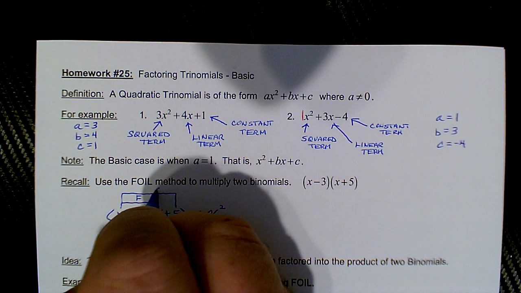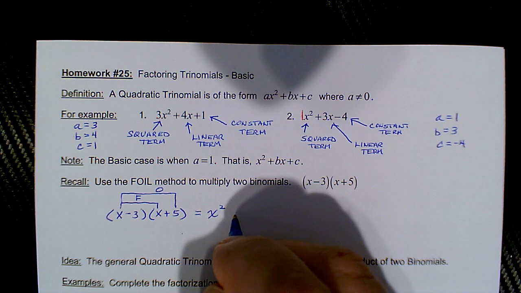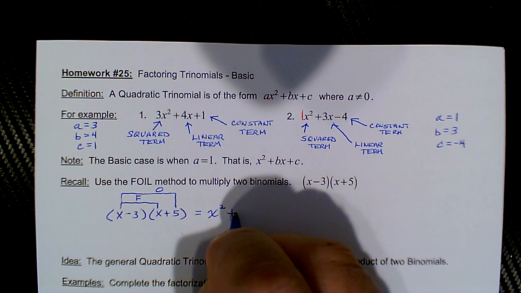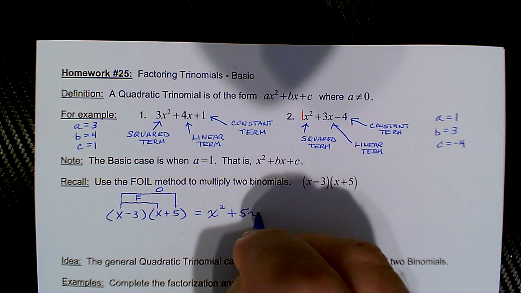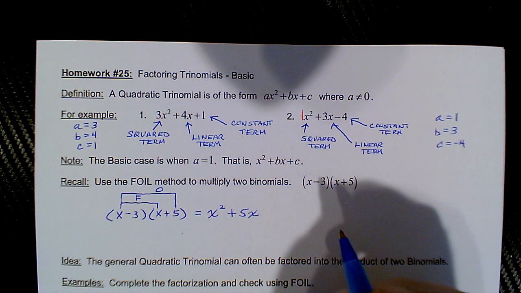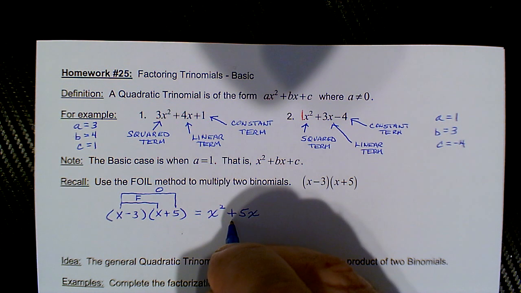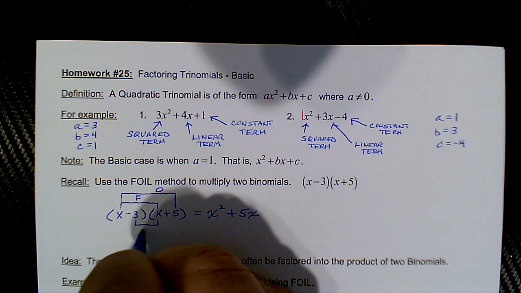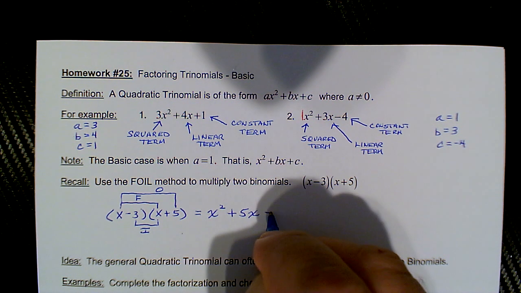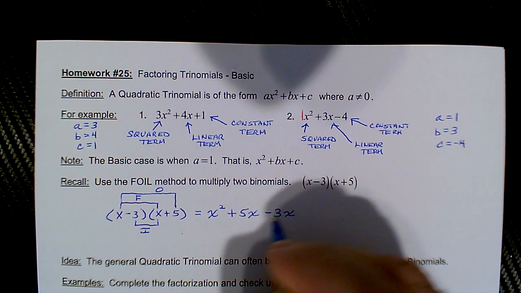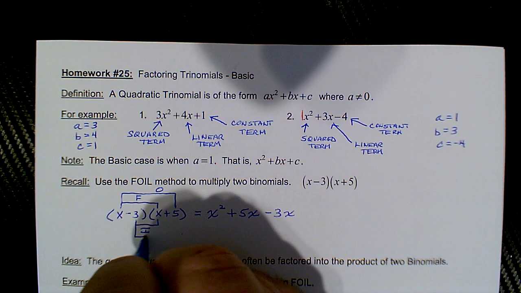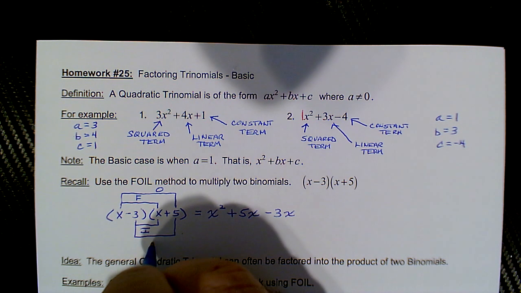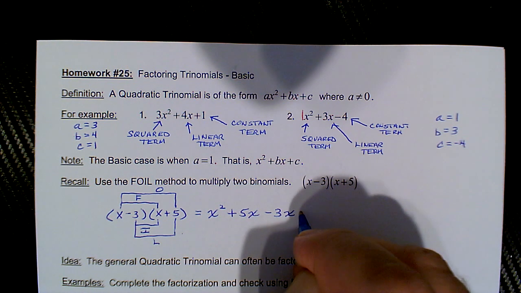Product of the outers, x times 5, 5x. Remember, we don't write x5, we write 5x, and we have to make sure we separate the terms with the sum or difference, so it's positive, so plus 5x. The inner terms, negative 3 times x, negative 3x, and then the product of the last, negative 3 times 5, negative 15.